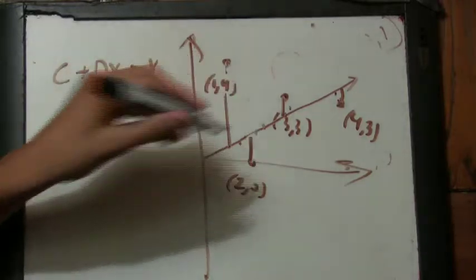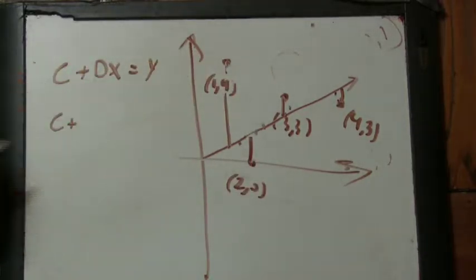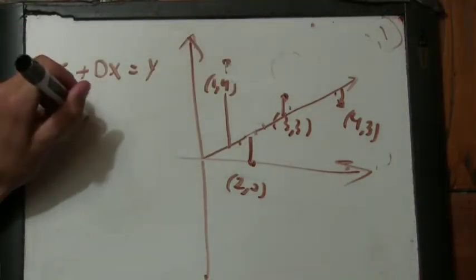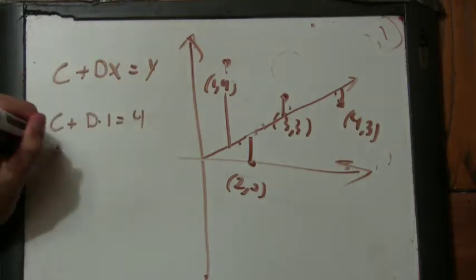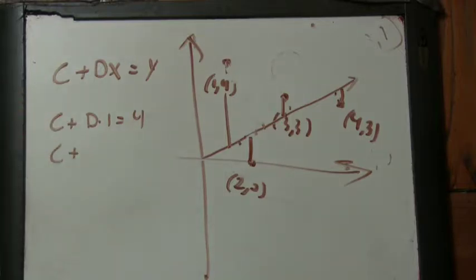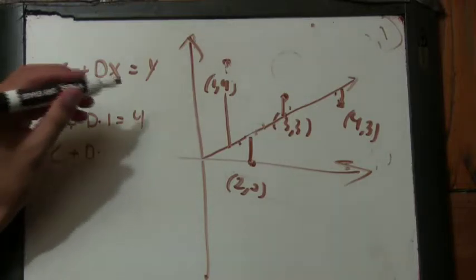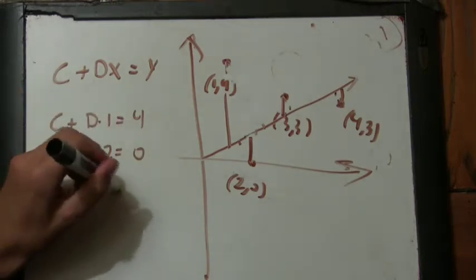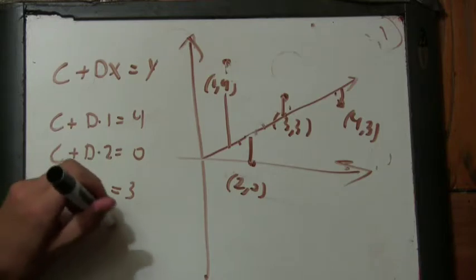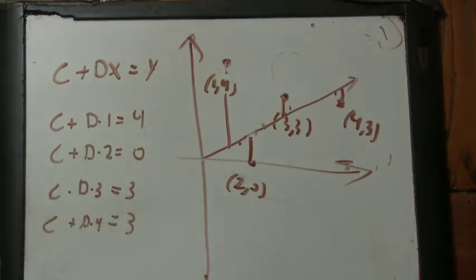So for the first point, (1, 4): c plus d times 1 equals 4. Then c plus d times 2 equals 0. c plus d times 3 equals 3. And c plus d times 4 equals 3. In a perfect world, these would all be on one line, but that is not going to happen.